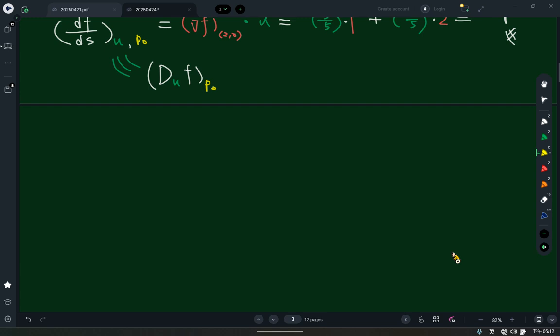Okay, so let's just continue. If we want to calculate the directional derivative in some direction u for this surface f, it will be equal to gradient f dot u, right?